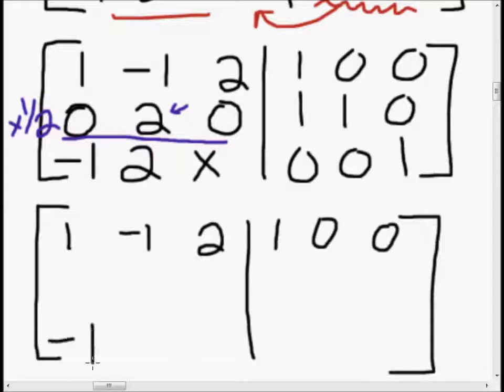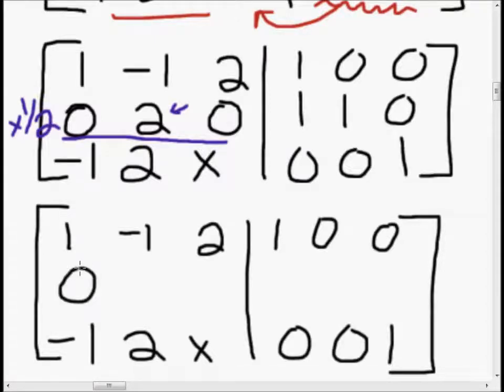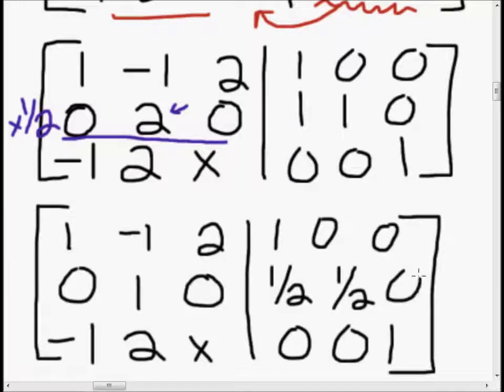We didn't change our bottom row, and we did change this. So 0 times 1/2 is 0, 1/2 times 2 is 1, 0 times 1/2 is 0. Let's see, 1 times 1/2 is 1/2, 1 times 1/2 is 1/2, and 0 times 1/2 is 0. So that's where we end up after that.